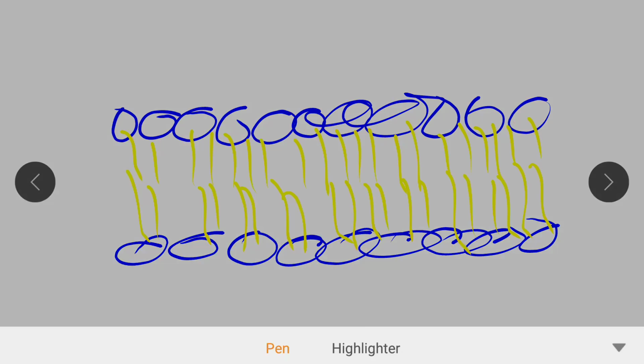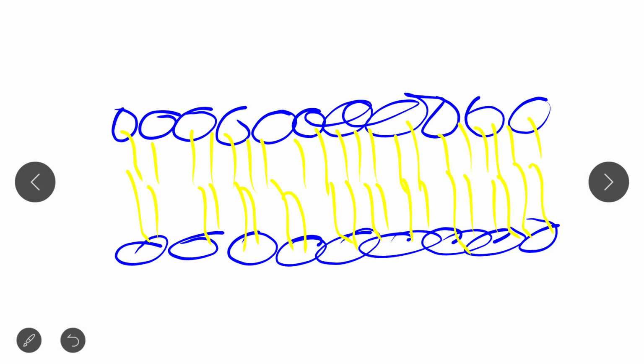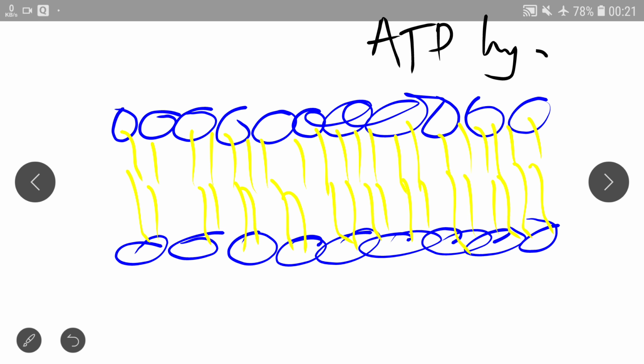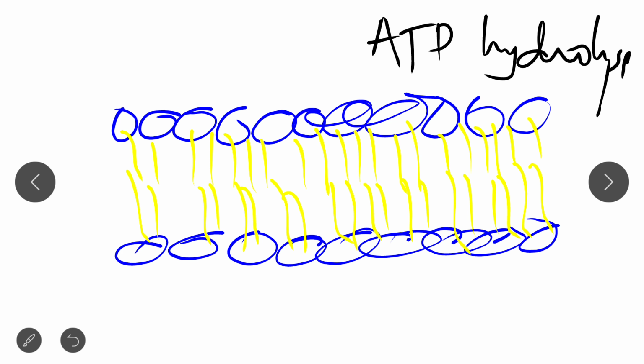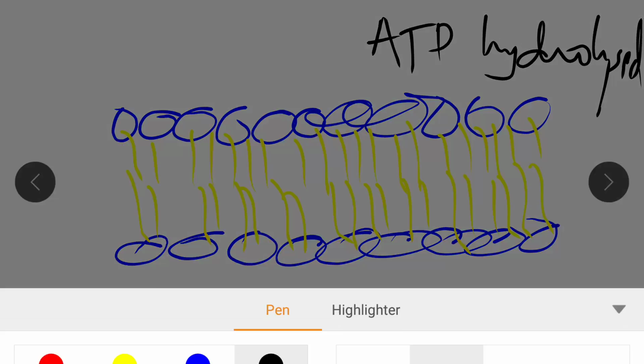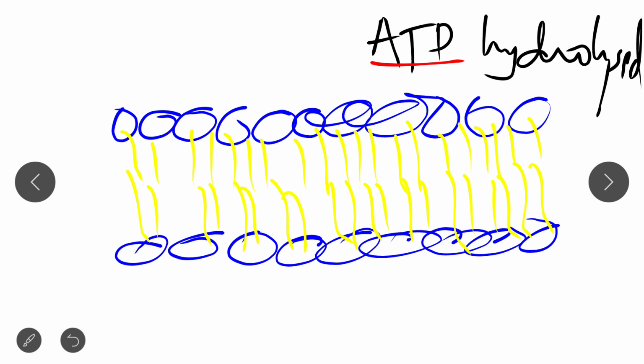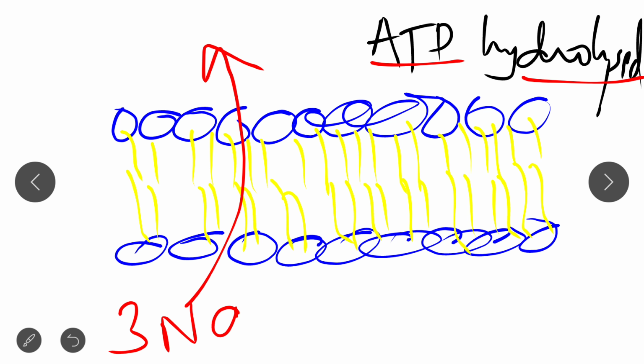See, one molecule of ATP is hydrolyzed here, and when one molecule of ATP is hydrolyzed, what happens? 3 sodium move outward, and 2 potassium move inward.